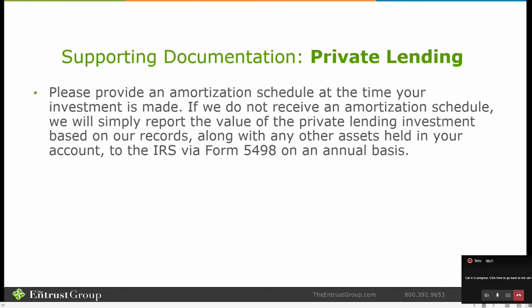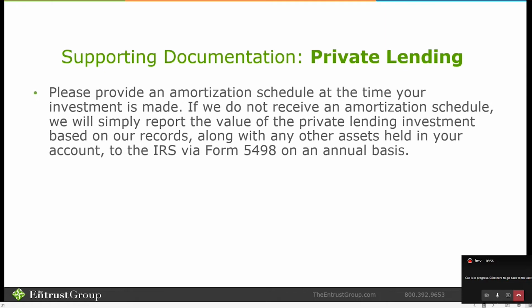For private lending, if you're using your IRA to lend money, an amortization schedule at the time your investment is made will qualify that. Each time we receive a payment coming in on the note, we would update the valuation based on the amortization schedule. If we don't receive an amortization schedule, we will simply report the same value of the investment based on our records, along with any other assets held in your account, to the IRS via Form 5498 on an annual basis.